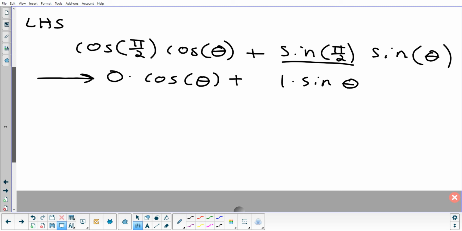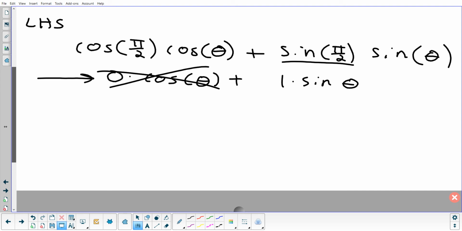It's 0, right? This first part is 0 times cosine. So this first part basically just disappears. Anytime you multiply something by 0, it's gone. What's going to happen with the second part?